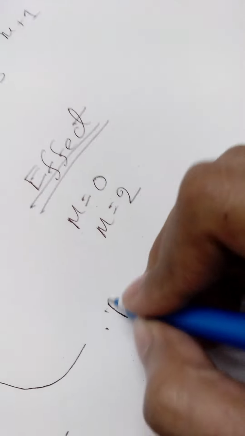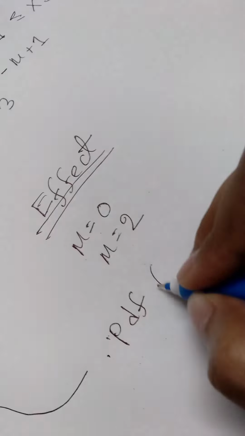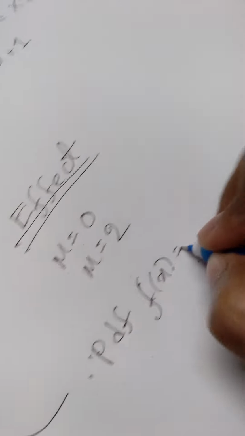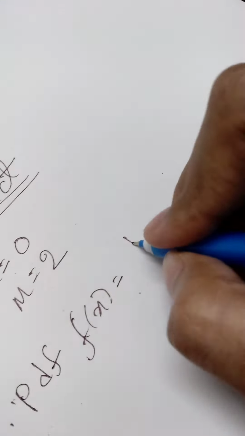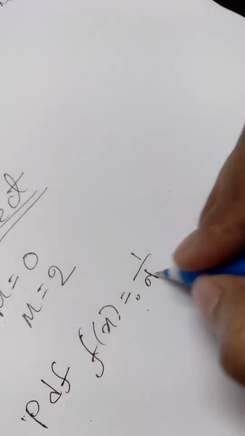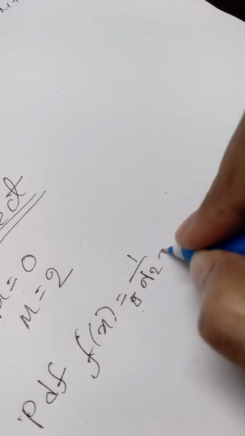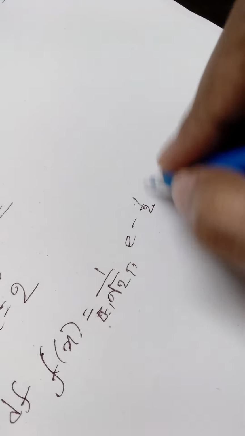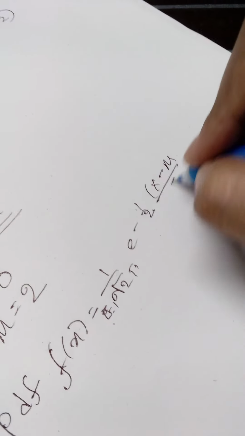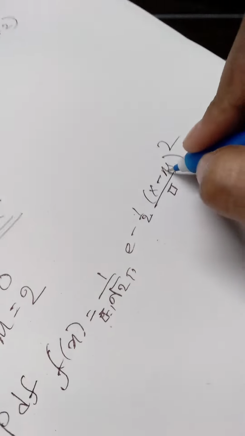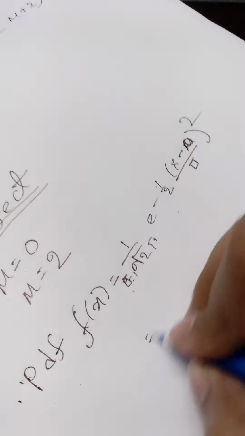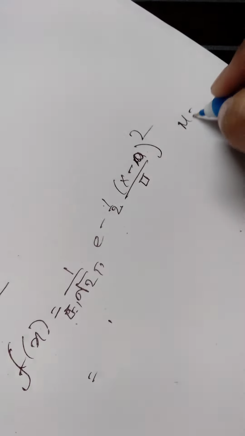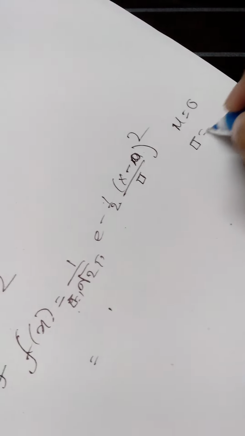Suppose we have the PDF of our normal distribution: 1 over sigma root 2 pi, e to the power minus half, x minus mu divided by sigma, squared. Here the mean mu is equal to 0 and sigma is equal to 1.